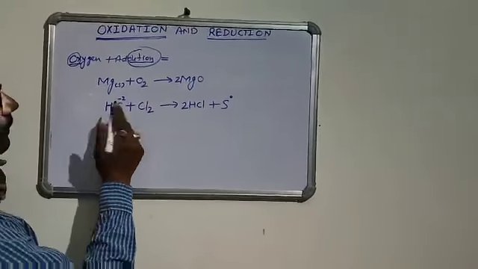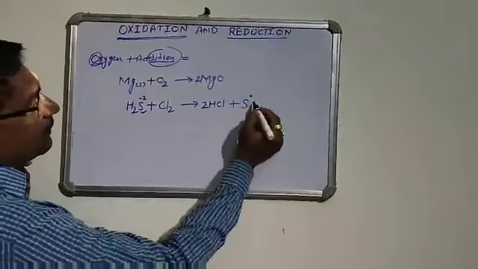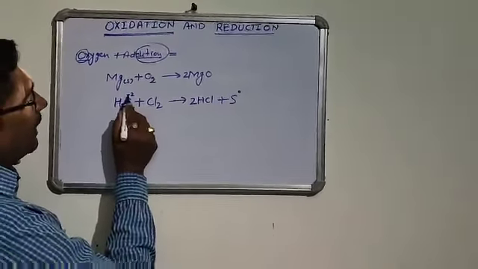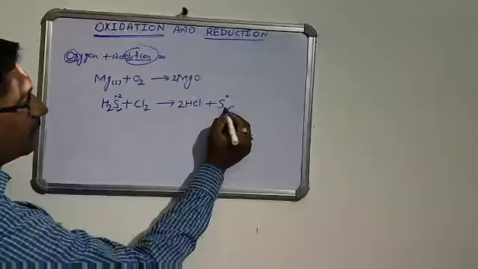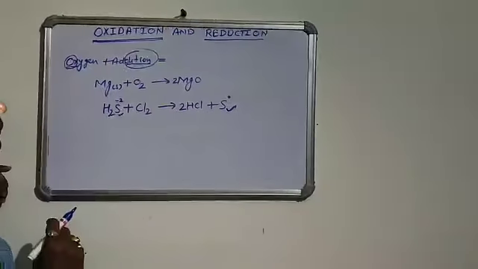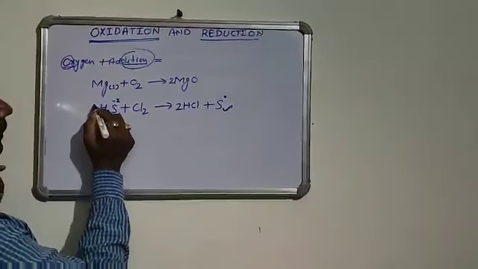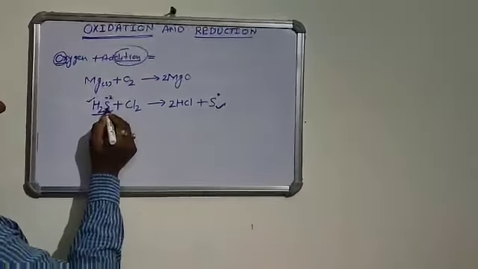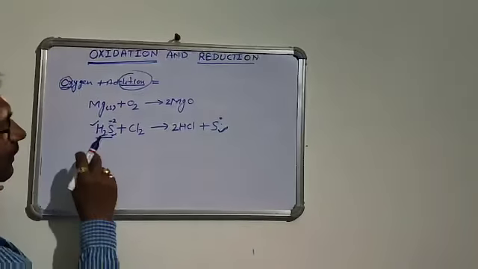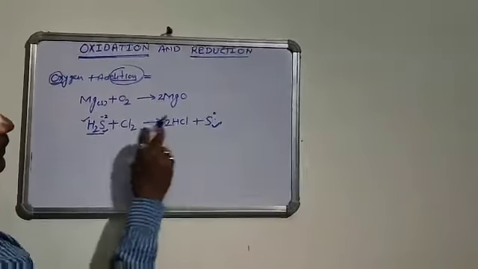That means sulfur converts from -2 to 0. That means sulfur shows oxidation. Here hydrogen is removed from H2S and it converts into sulfur. Therefore, this is called oxidation.